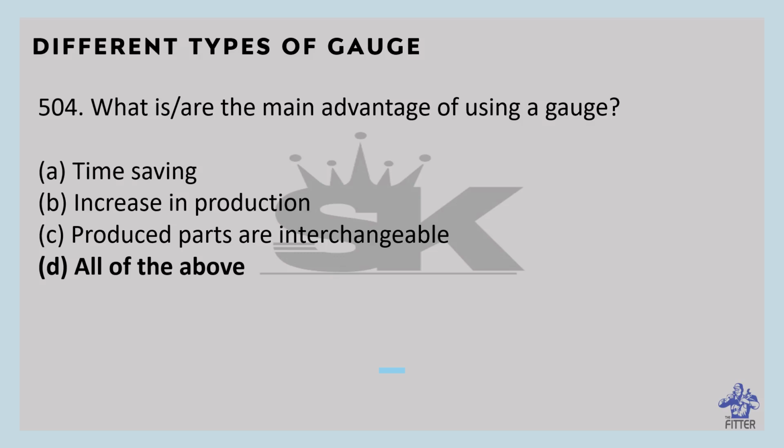The job can be tested and corrected in less time on the machine. Cost per job comes down due to high production using gauges. Gauges are easy to maintain. Produced parts are interchangeable.